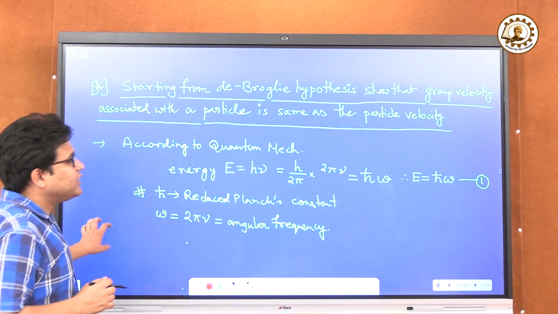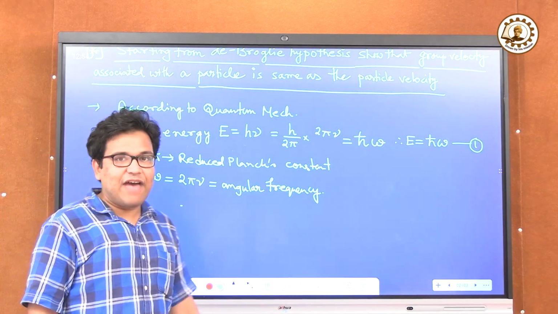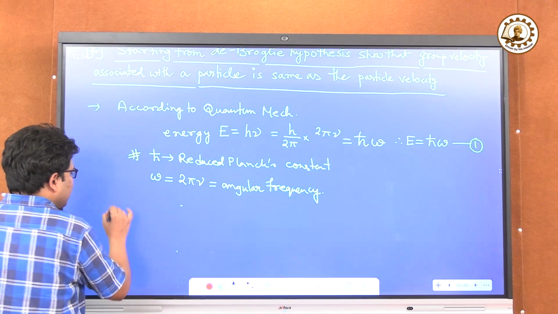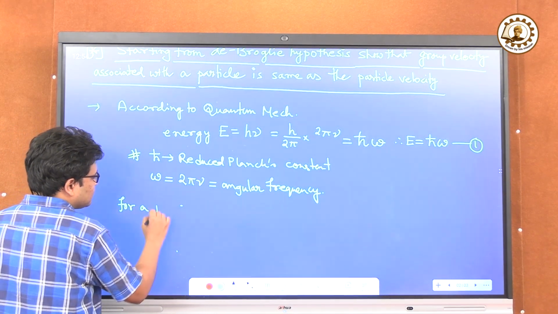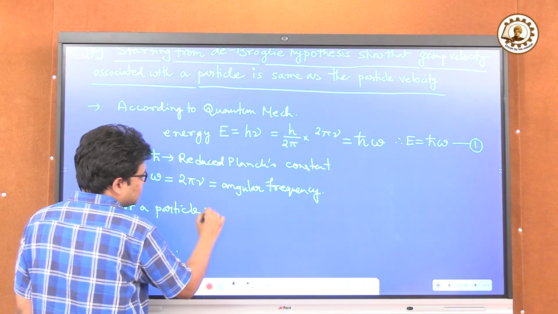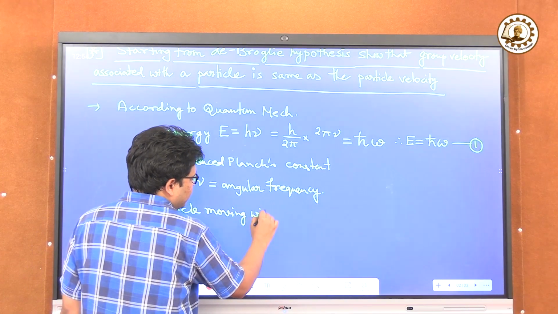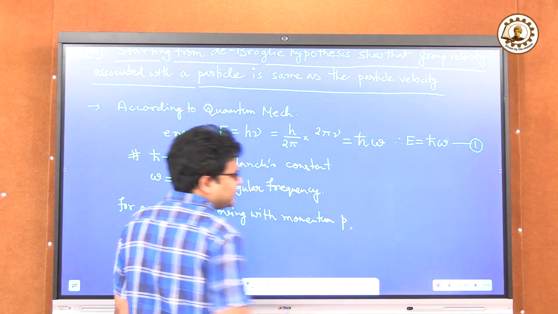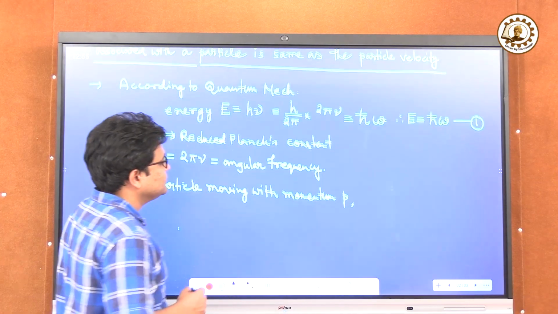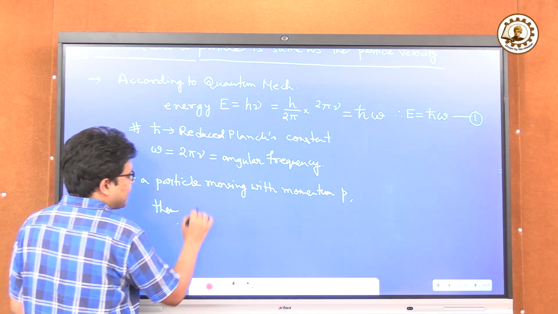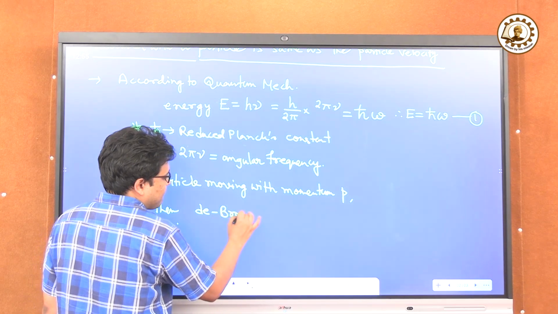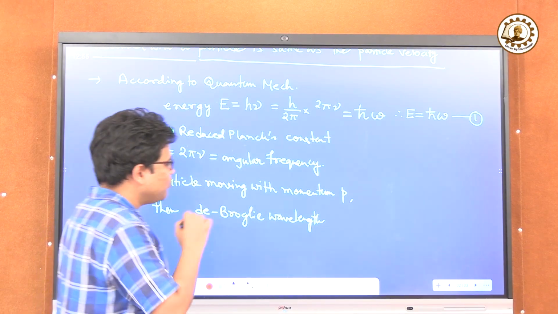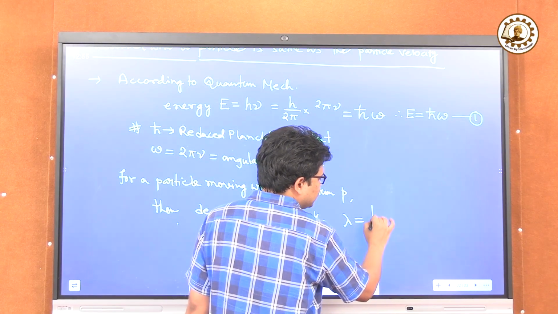Let's come to the momentum. If the particle is traveling with momentum p, then the corresponding de Broglie wavelength is given by lambda equals h by p.